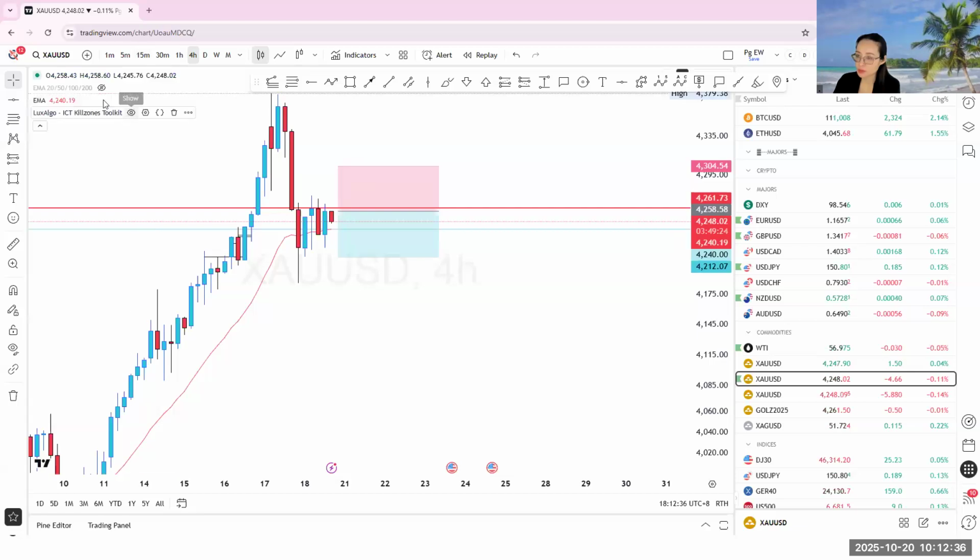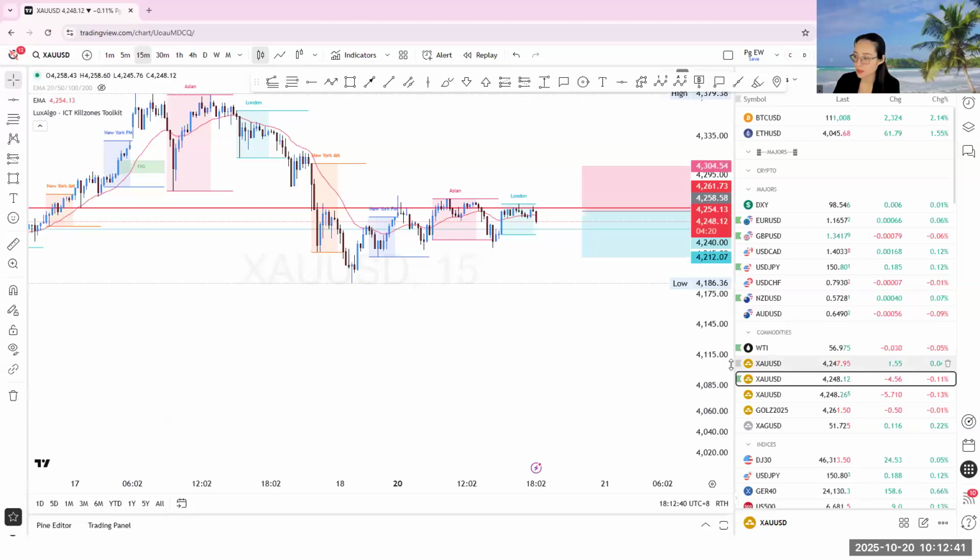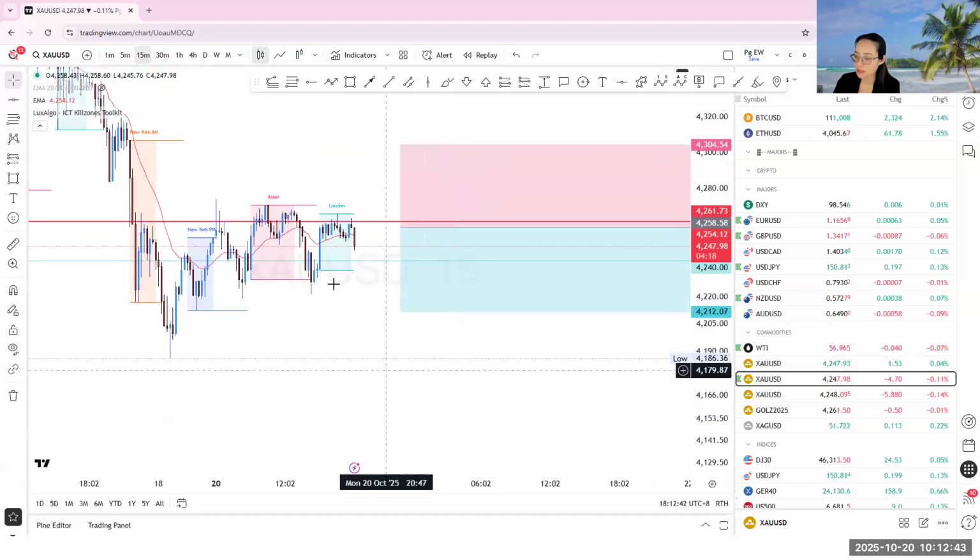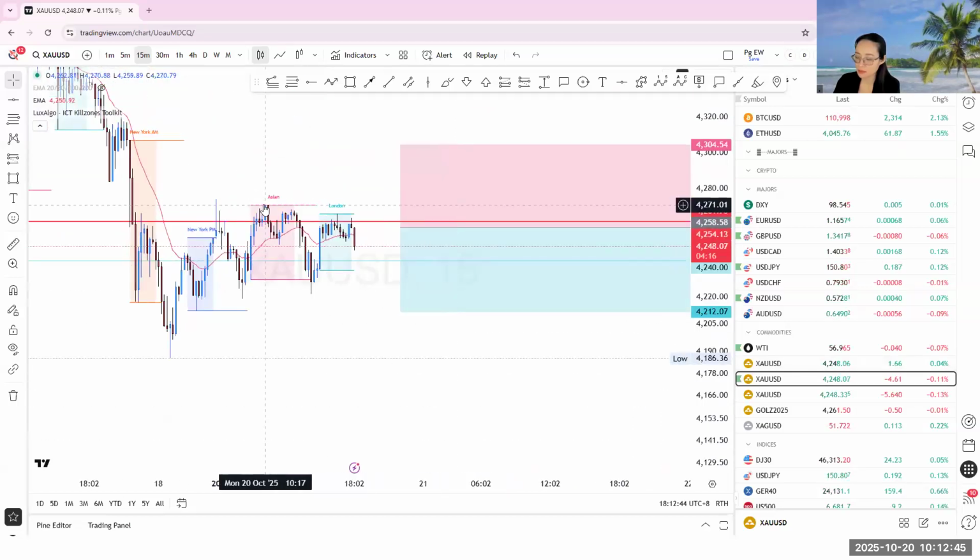It will go to M15. Okay, these are the Asia high, so meaning these are the high for today. You can look here, you can look here. It's the Asia high, and London also closed lower than the Asia.